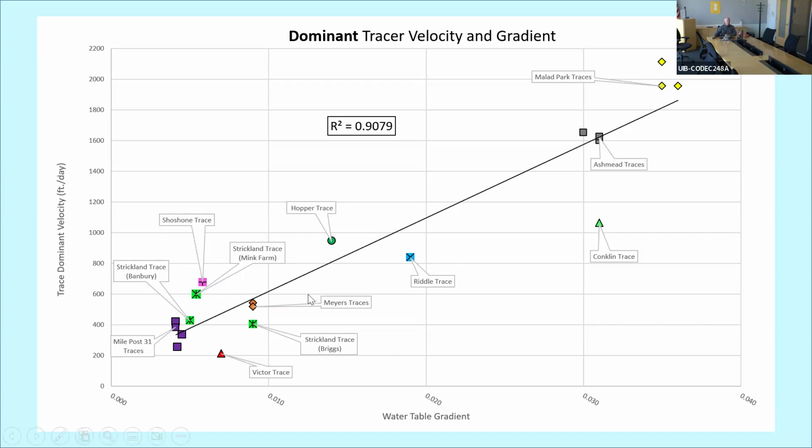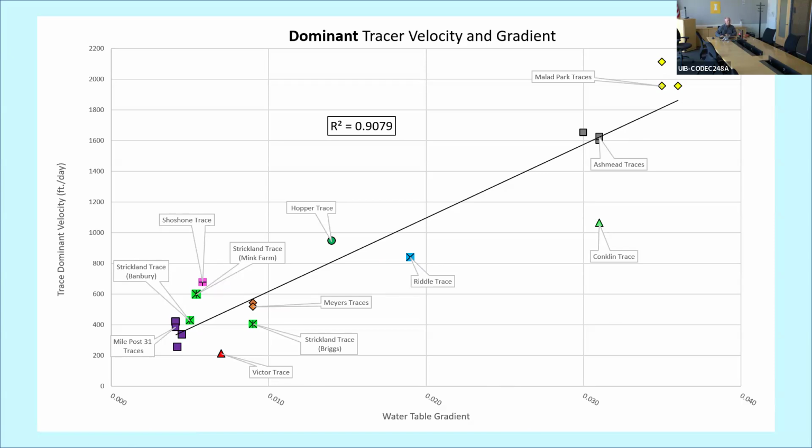These are the long distance traces here, because they have a lower velocity, and then our short traces with high velocities are in the upper right, with the groundwater gradient for those traces.